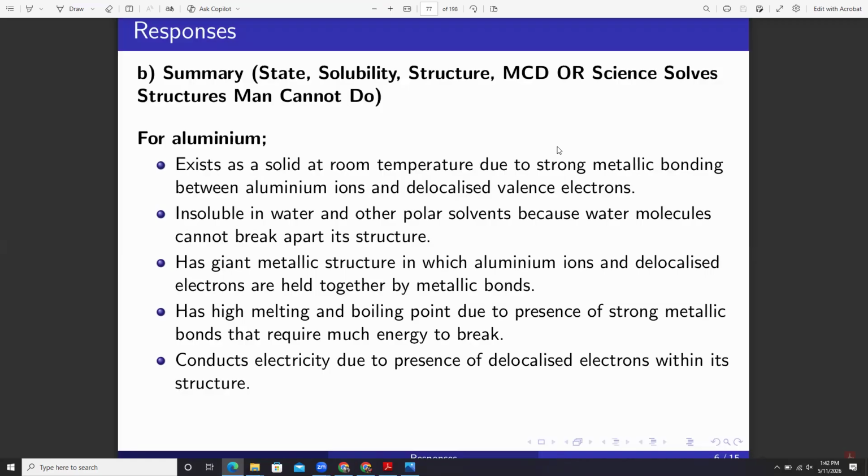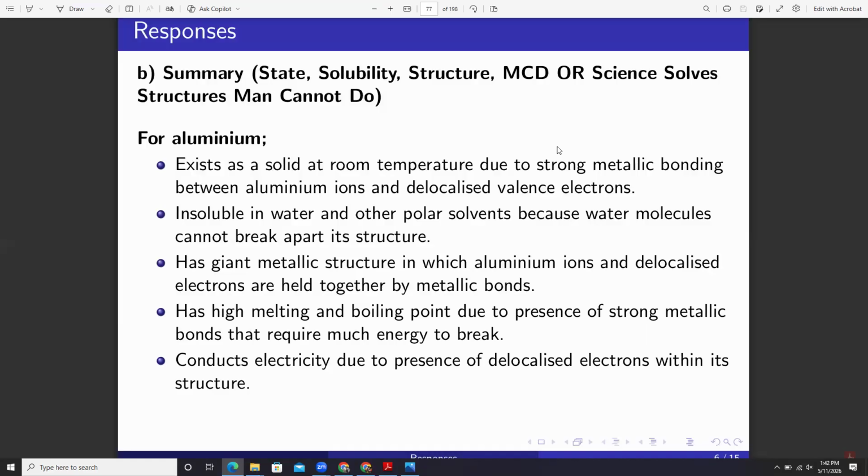Then density for aluminium. Most metals have high densities, but for aluminium, do you know aluminium foil, that one which they use to package foodstuffs? That is aluminium. The one which is used to make parts of an aeroplane, that is aluminium. Why?